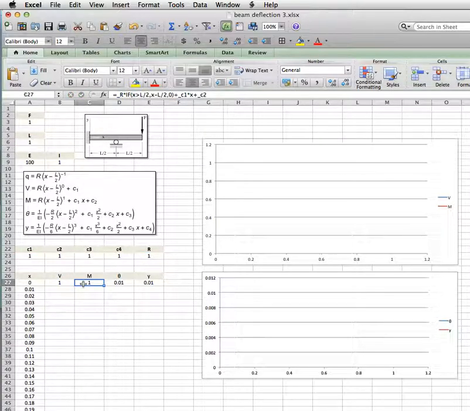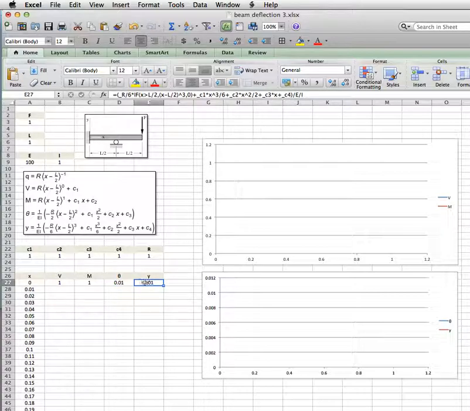The bending moment now is going to be r times (x minus L over 2) to the 1. That's r times if x is greater than L over 2, then x minus L over 2, otherwise 0, plus the C1x plus C2. Theta, I'm dividing by EI now. And I've got now r over 2 times if x is greater than L over 2, that thing squared, like this.